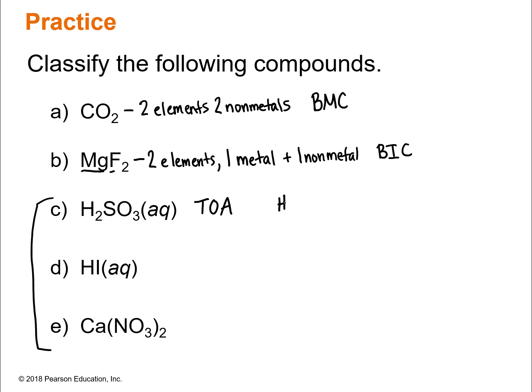It starts with that hydrogen, and then we've got the aqueous at the end. Since you don't quite know what a polyatomic anion is yet, you know it's not just 1 nonmetal. We've got 2 nonmetals in here. So it's got to be the other one. It's got to be the TOA. What about D?